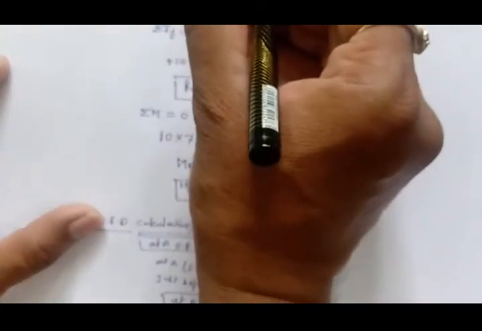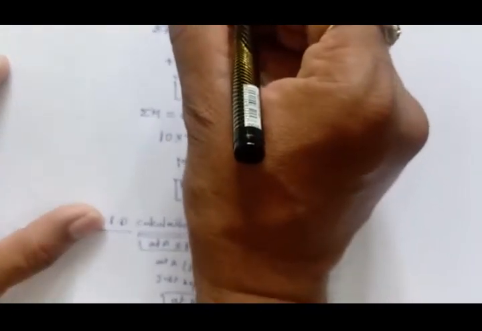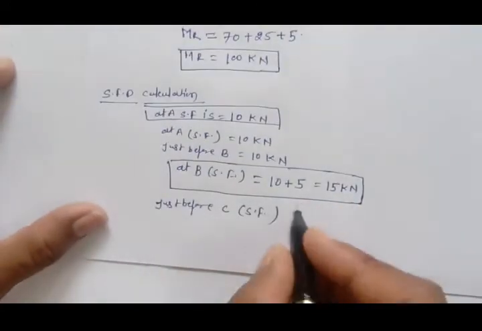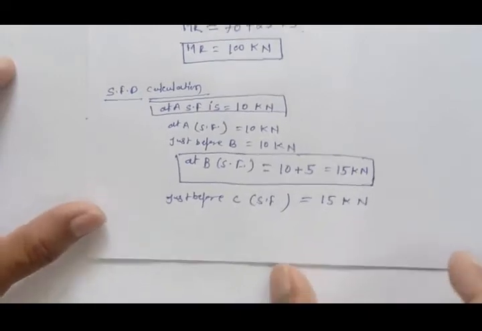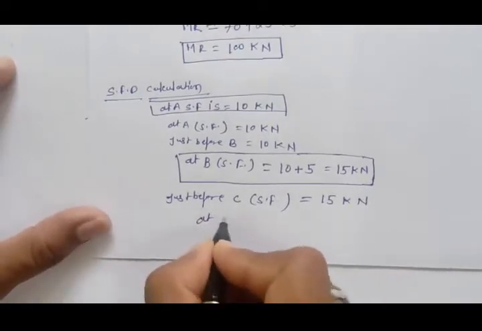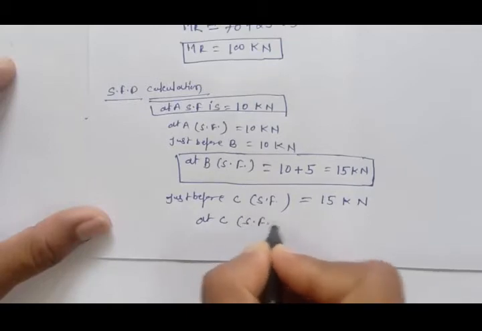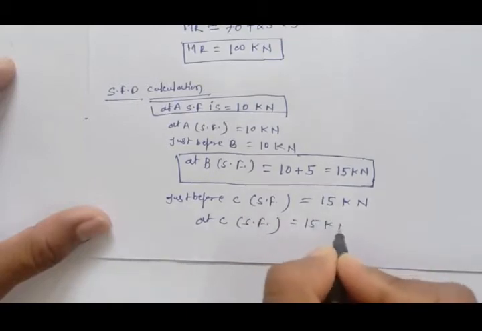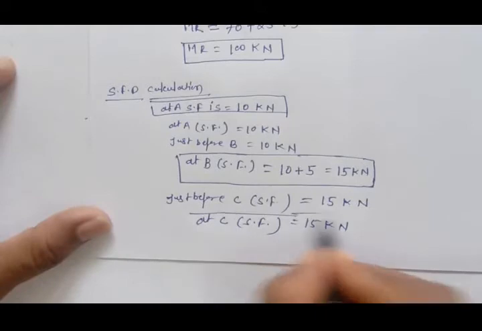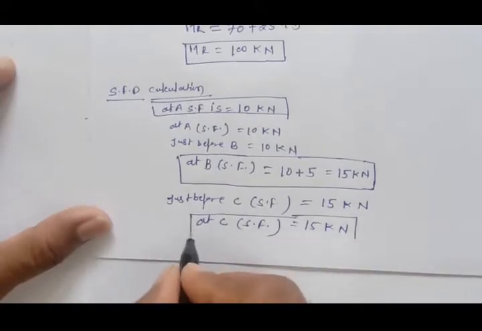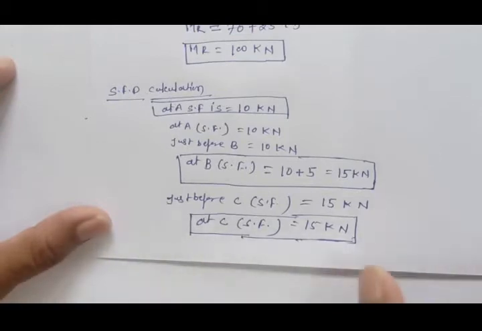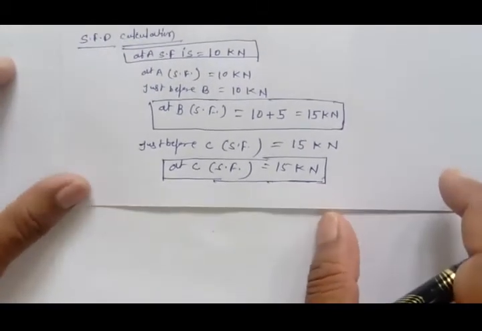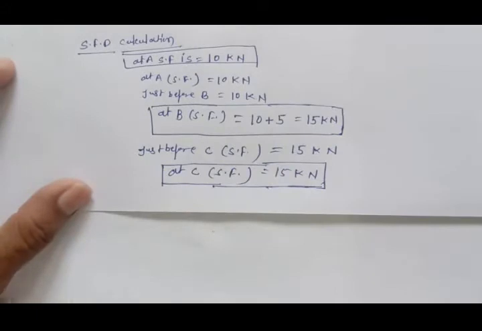So this will be constant just before C, and after C also it will be constant. So this is the 15 kilonewton, and at C the shear force will be 15 kilonewton, because in the shear force diagram we only take the vertical forces, we are not considering the moment while calculating the shear force diagram.